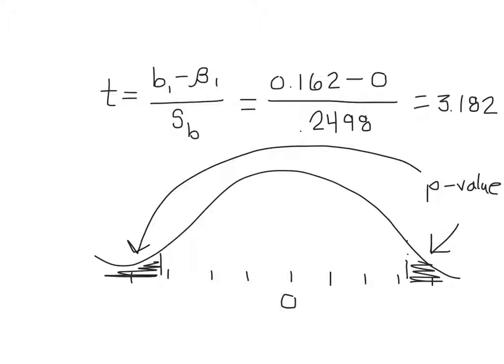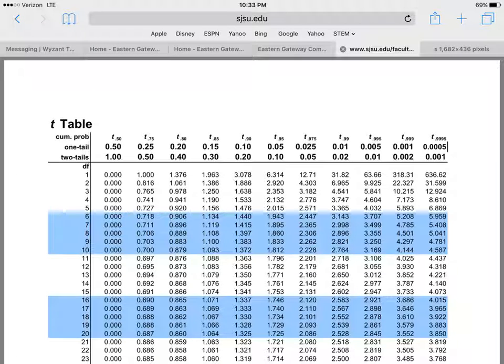So now, I'm not sure how you've done this in your classroom yet. So now what you have to do is try to determine, okay, given this test statistic and the fact that it is a two-tailed test, do we have significant evidence to reject the null? So I'm guessing that you've learned how to use a table of critical values for the t-distribution.